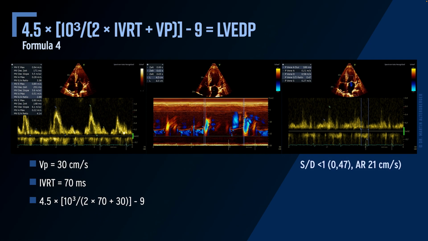We have the IVRT, and you calculate the IVRT before the inflow of the left ventricle. So we have the E wave, diastasis, here we have even an L wave, the A wave, and then we have the IVCT, then systole, and then we have the IVRT. And when the IVRT is shortened, it also denotes elevation in filling pressures.